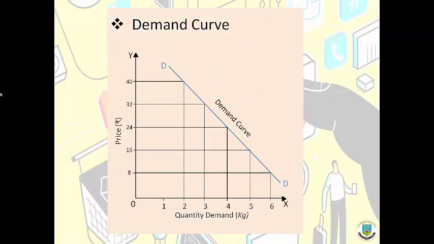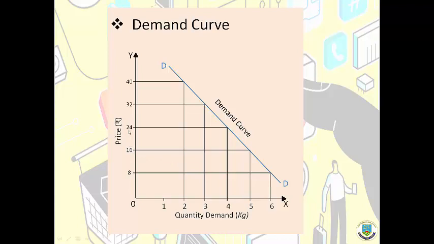So students, this is a demand curve. Price is shown on the y-axis and quantity demanded is shown on the x-axis. So at price 8, quantity demanded is 6, and if price is increased to 16, quantity demanded is decreased to 5.